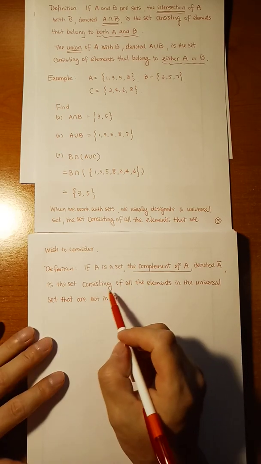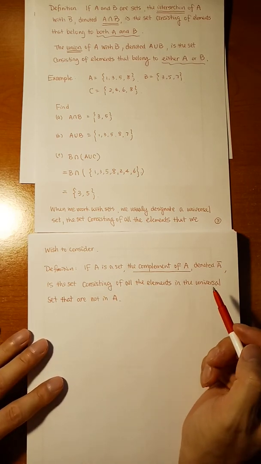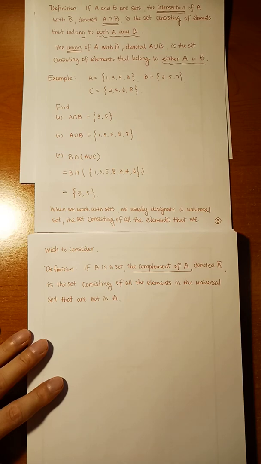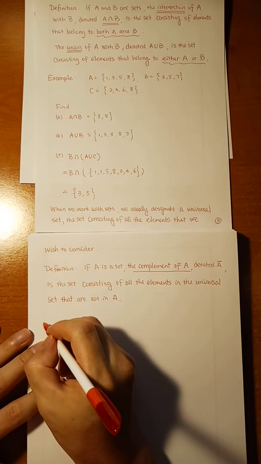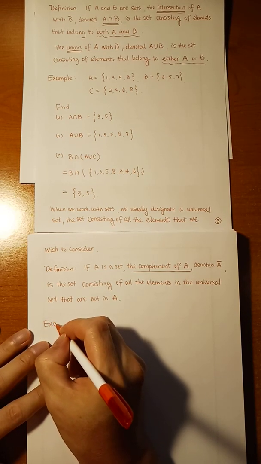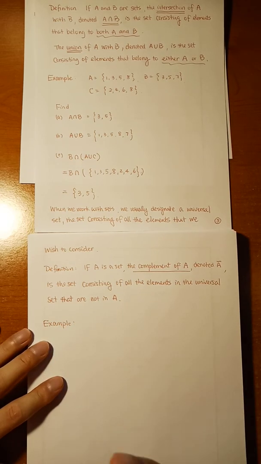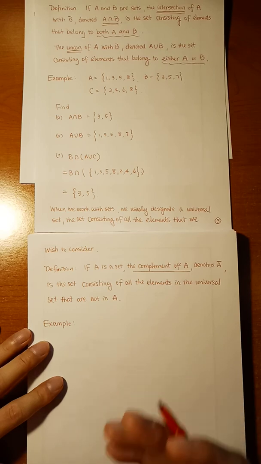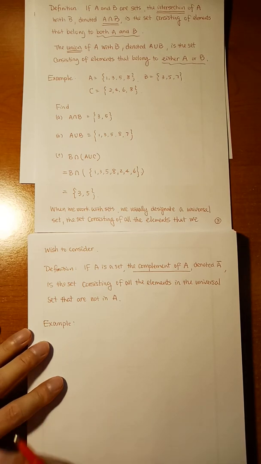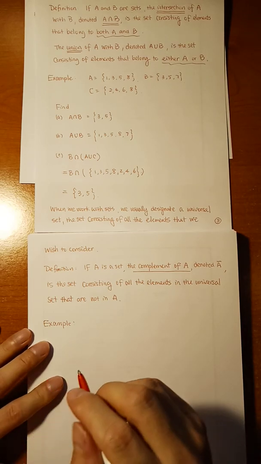This complement depends on the selection of a universal set. When your universal set changes, your complement will change. For example, let's make the universal set clear when you try to understand the complement of a set.